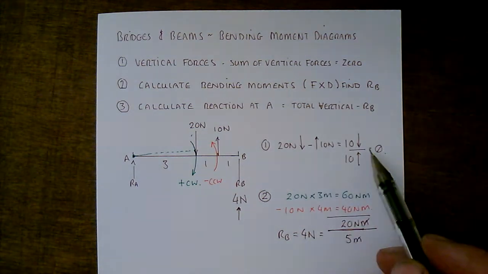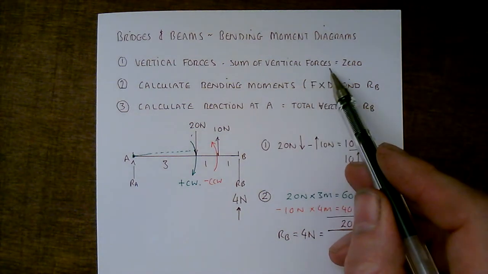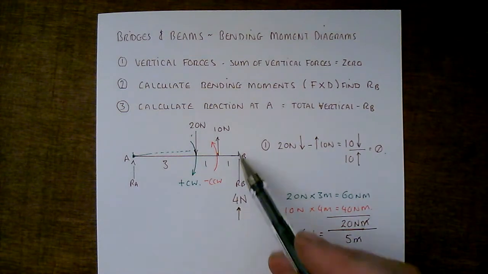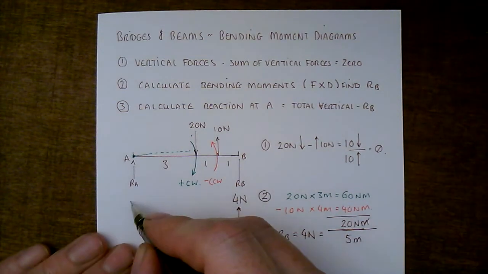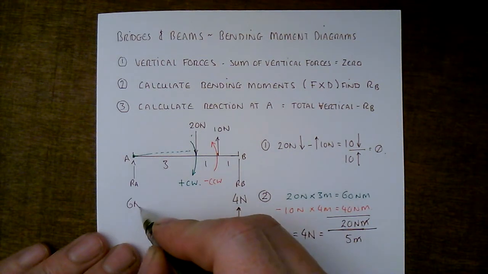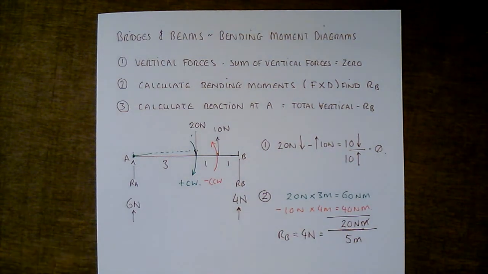So if the sum of the vertical forces is 0, we've got 4 newtons acting here, then the remainder, 6 newtons, must be here. So everything resolves to 0.